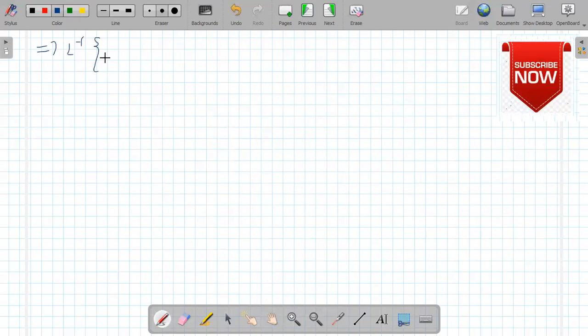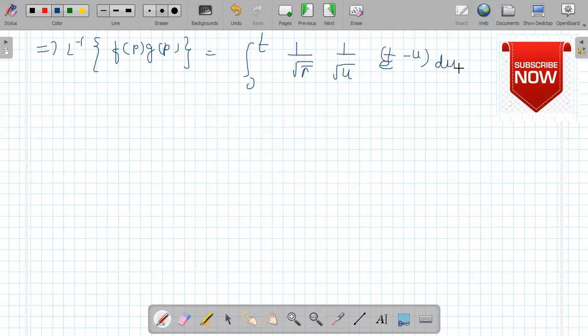So Laplace inverse of Fp into Gp will come out to be 0 to t, 1 upon square root of pi, and square root of t will become square root of u, Fu, and Gt minus u means t is replaced by t minus u, du.